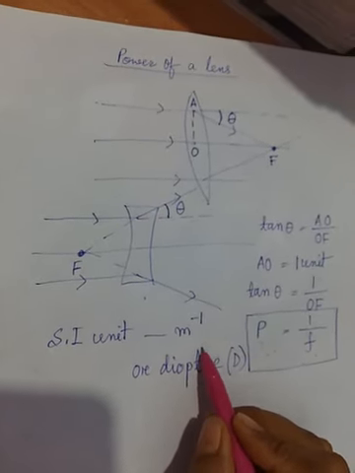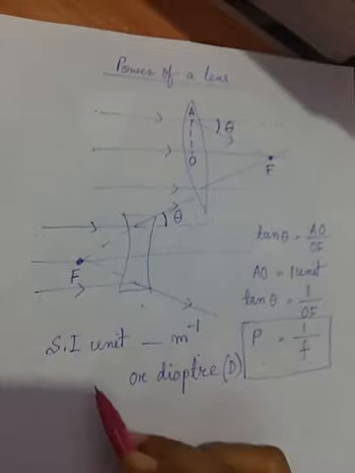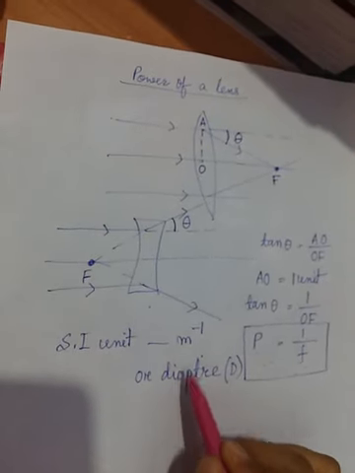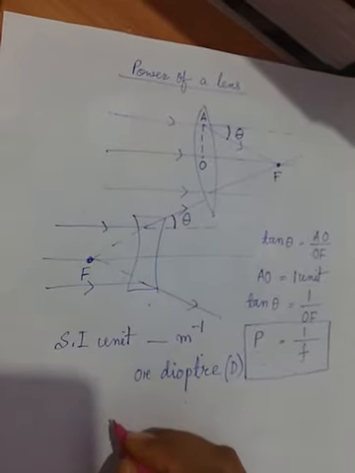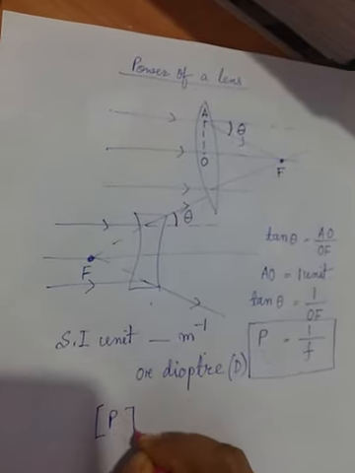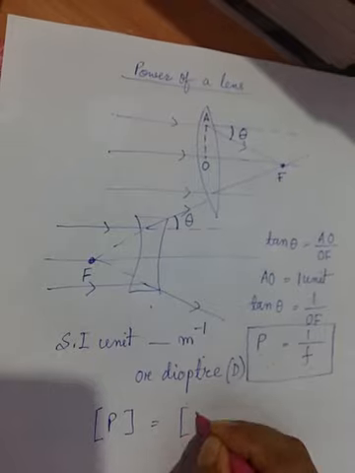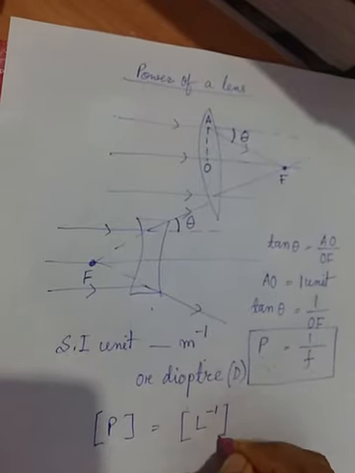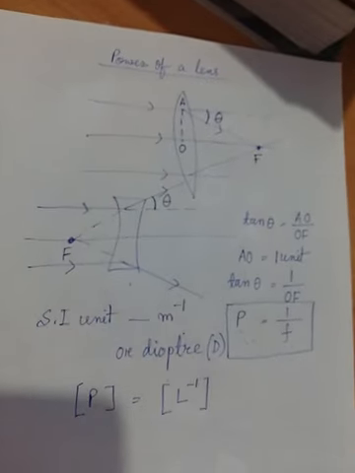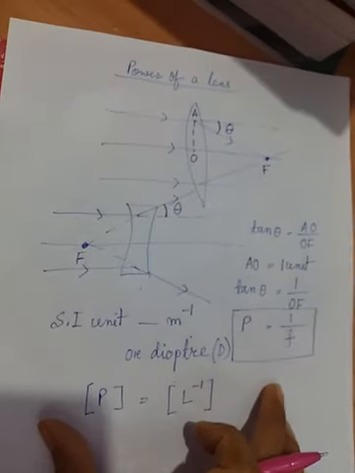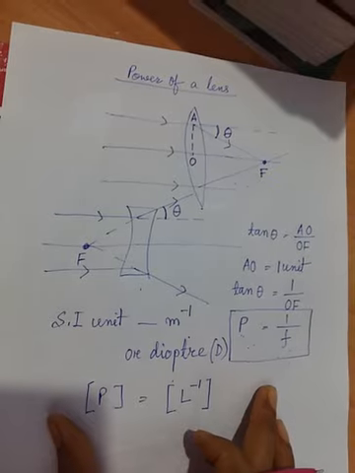Do not confuse it. Similarly, the dimension of power is L to the power minus 1. This is the dimension and definition of the power of a lens.